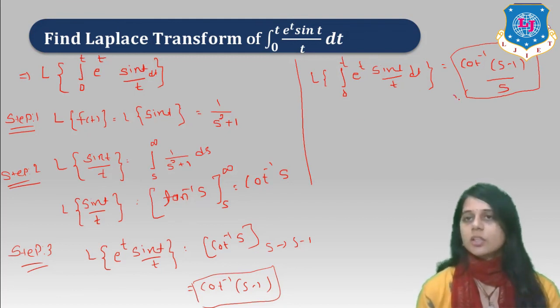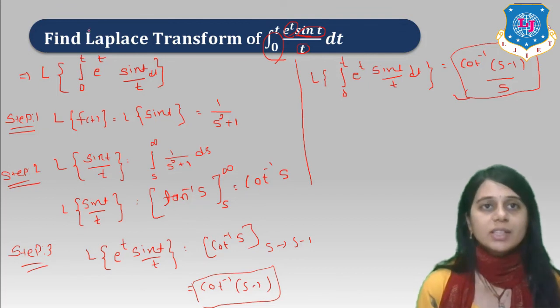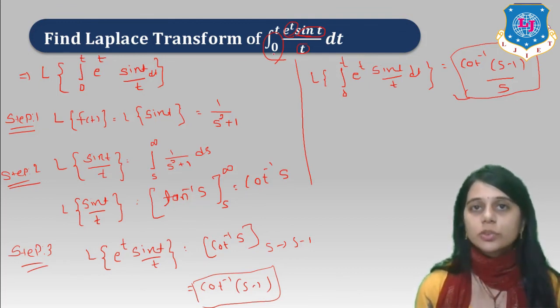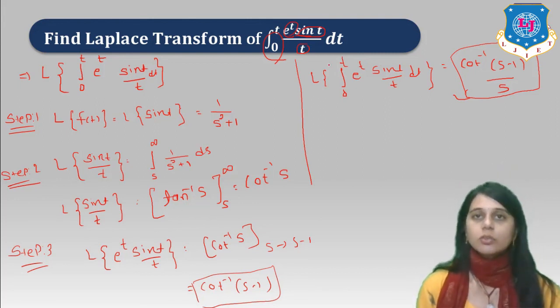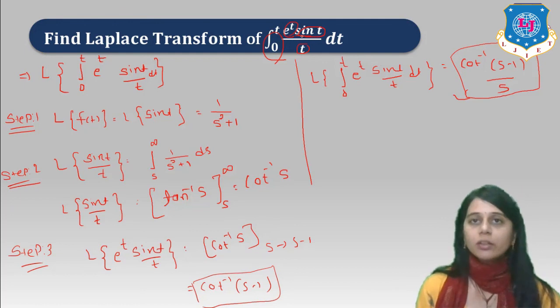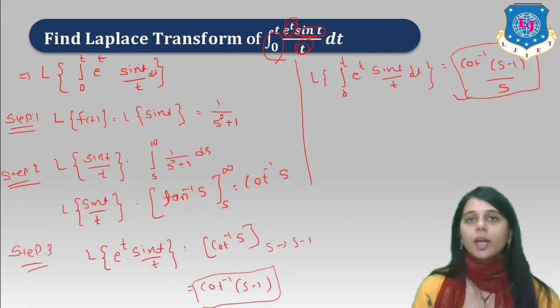So this is your answer. Revise this: find the Laplace transform of the integral from 0 to t of e^t sin t by t dt. First we find Laplace of sin t, then the division by t rule, then the first shifting theorem, and then apply the integral rule. So your answer is cot inverse (s minus 1) by s.